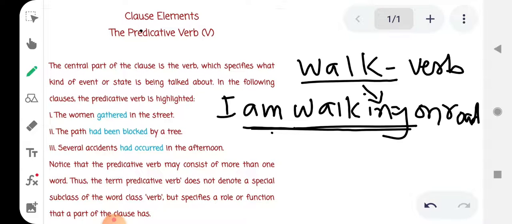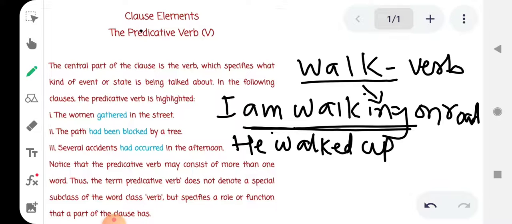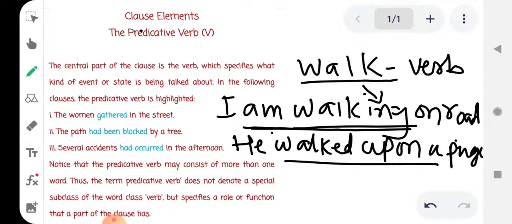If I write like this, he walked upon a page. So this becomes a phrasal verb. We put a preposition with a verb, and it becomes a prepositional verb. So one more thing can be added, a preposition, and this becomes a different kind of verb.